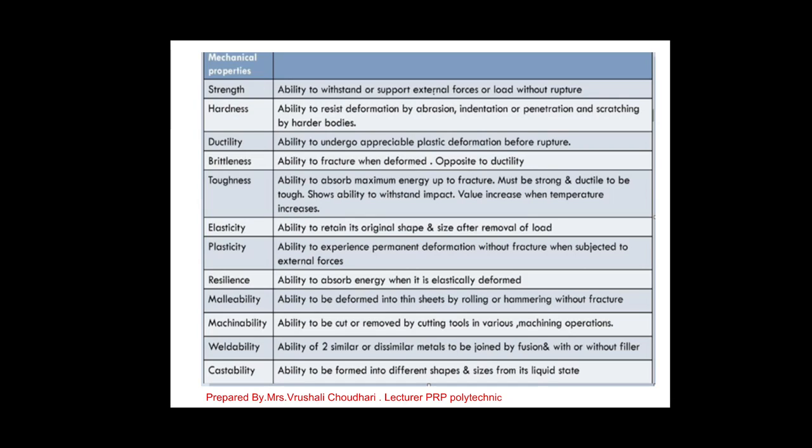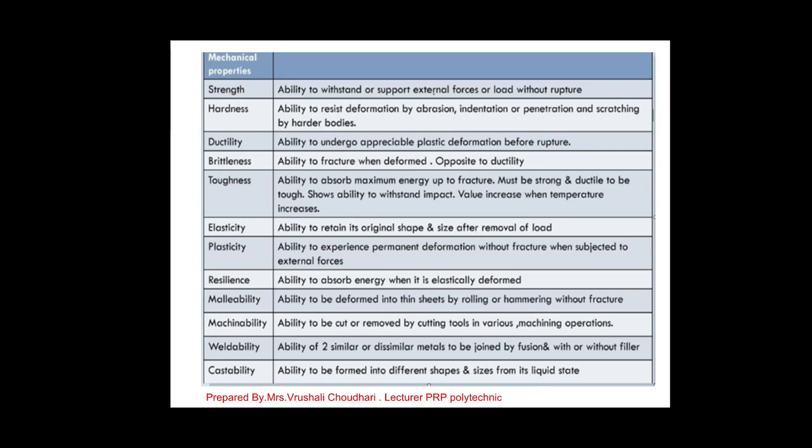Plasticity: the ability to experience permanent deformation without fracture when subject to external forces. It's called plasticity. Resilience: the ability to absorb energy when it is elastically deformed. Malleability: the ability to be deformed into thin sheets by rolling or hammering without fracture. It's called malleability.